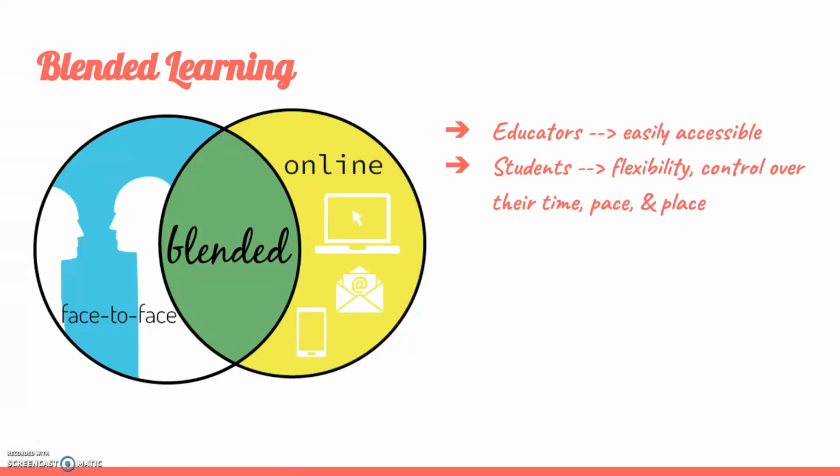In this environment, the educator can be easily accessible and students also have flexibility and control over their time, pace, and place. Compared to traditional learning, which is more student-teacher centered, it restricts student self-paced learning. As for the online learning environment, even though students have flexible time, place, and pace, there is no teacher or peer-to-peer face-to-face interaction, which is why the combination of both makes blended learning a great example.